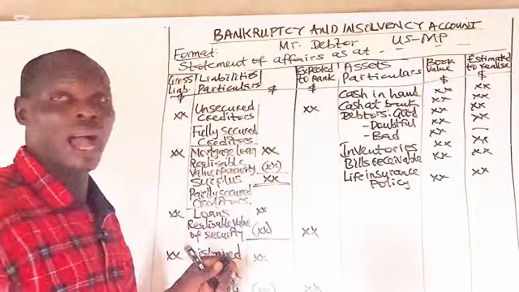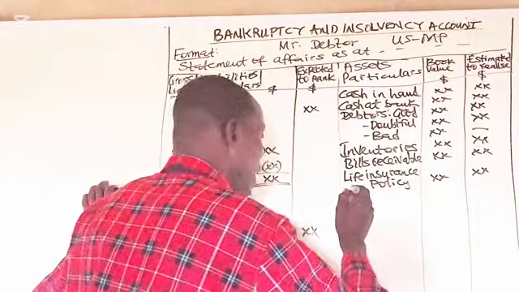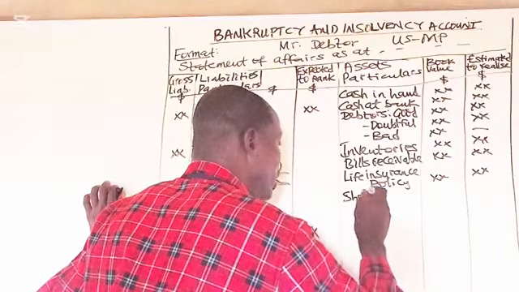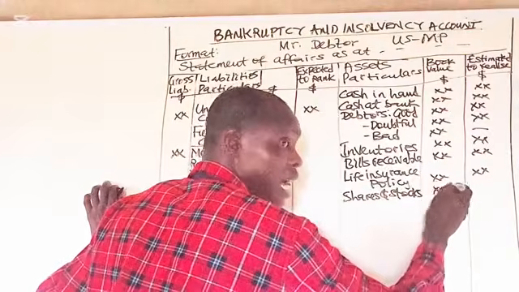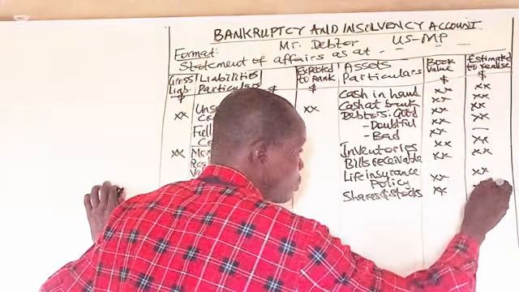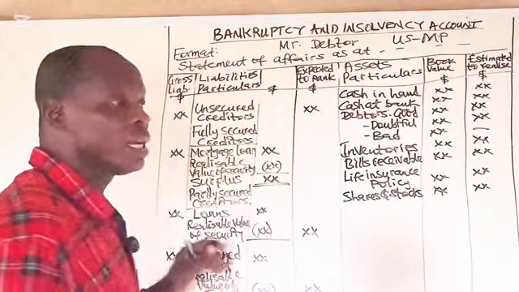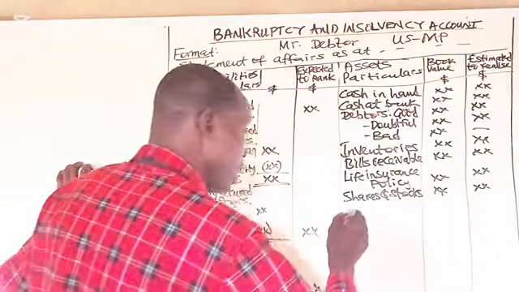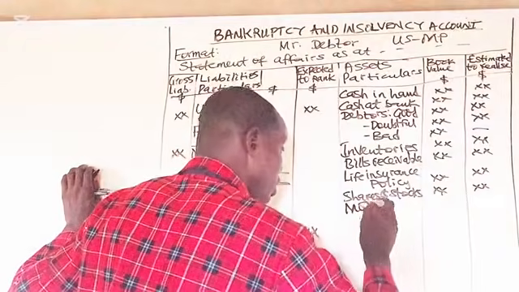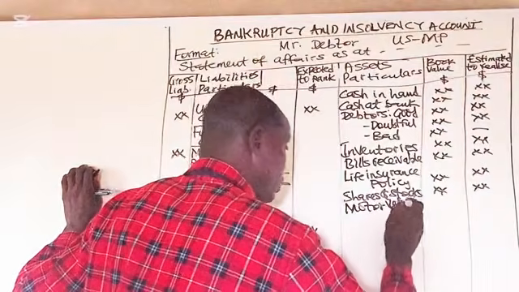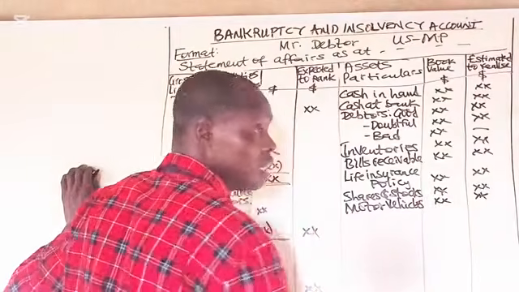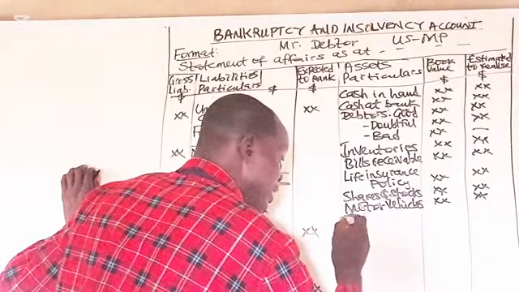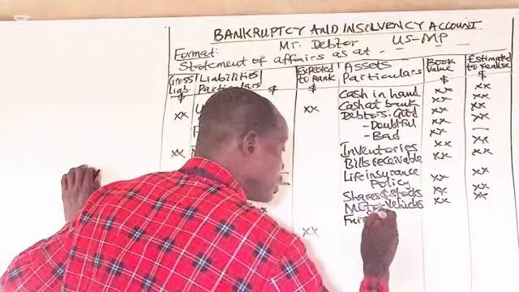Then you may also have shares and stocks. Then you may have motor vehicles, if not used as security. Motor vehicles not used as security. You may have furniture and fittings, those not used as security.